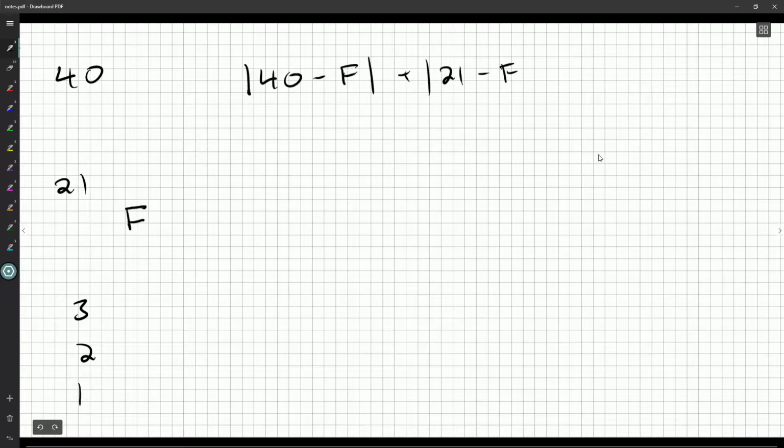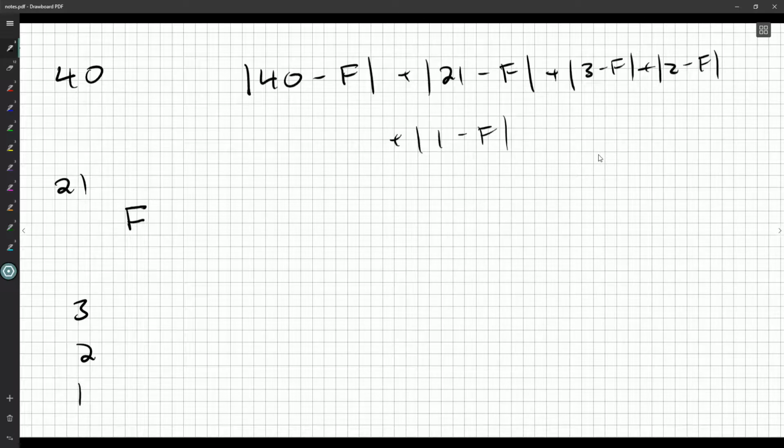Now I don't have to specify whether F is bigger than this number or smaller than this. We'll work that out in a moment. So, very generally, to get to floor F takes this distance for everyone. That's the combined distance that they all go to get to floor F.